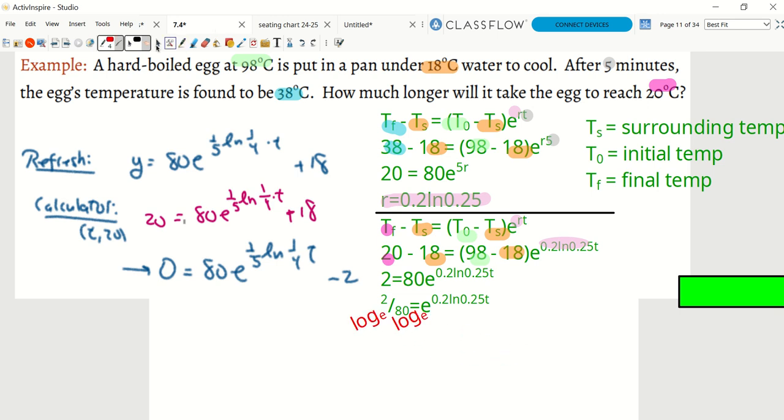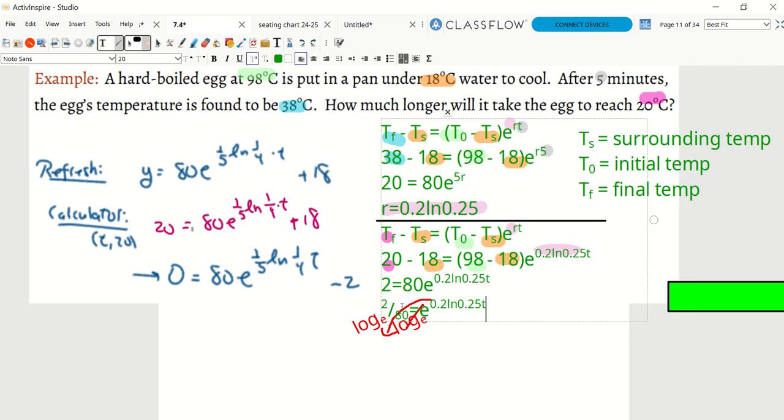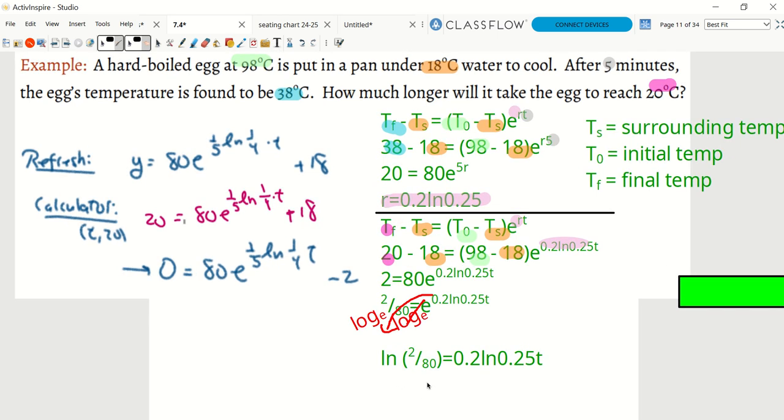This cancels. Okay, this moves over, and you end up getting this. This cancels, that moves over and becomes a non-exponent, and ln. Okay, boom. ln. Are you guys with me so far?